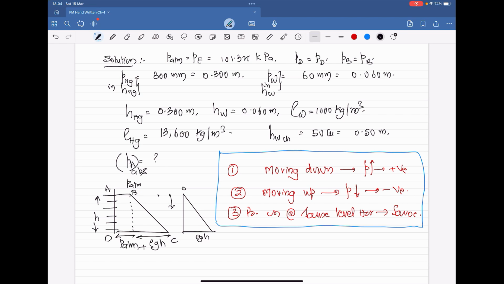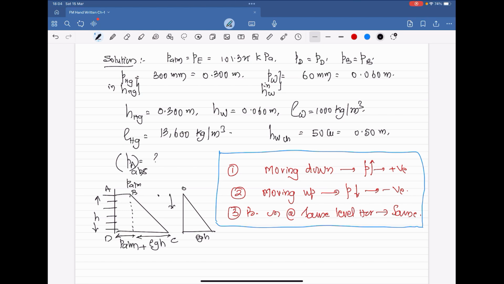When you try to move up, you will be moving towards the atmosphere. The pressure reduces up to atmosphere. That is the most practical example. That means when you move up, pressure decreases. When you move down, pressure increases. That is the basic principle of pressure distribution in statics, static calculations of fluid mechanics.